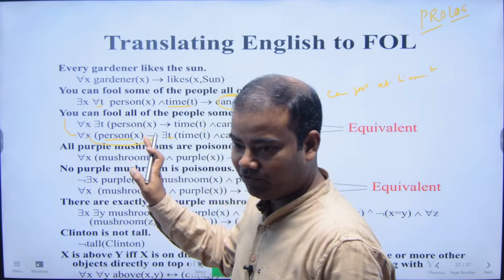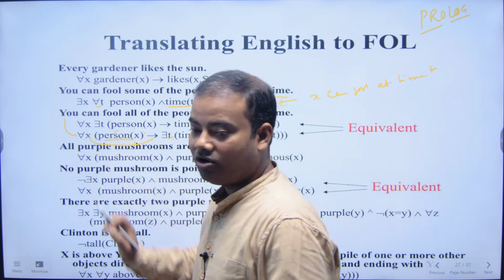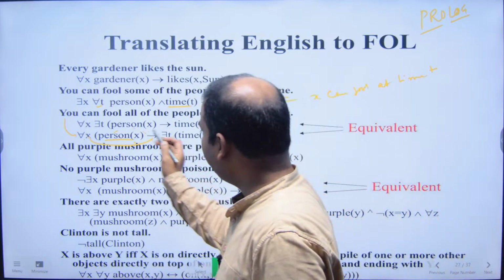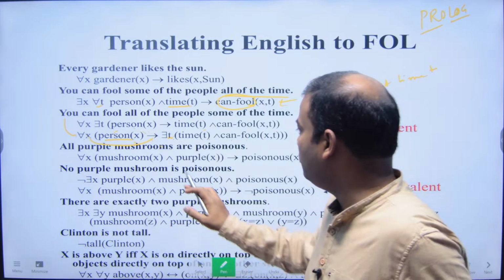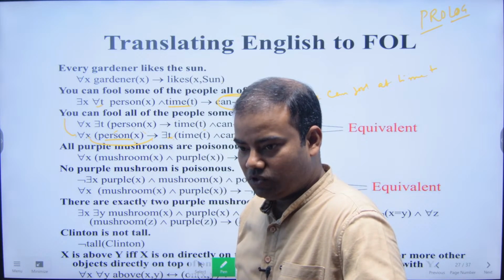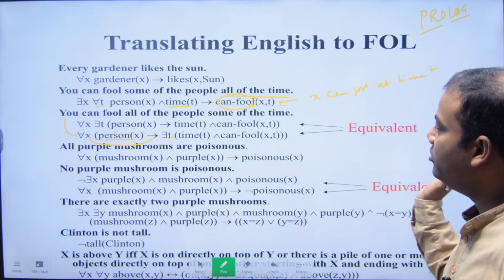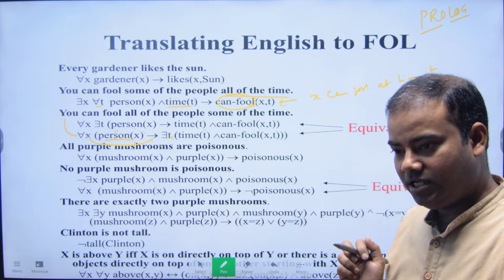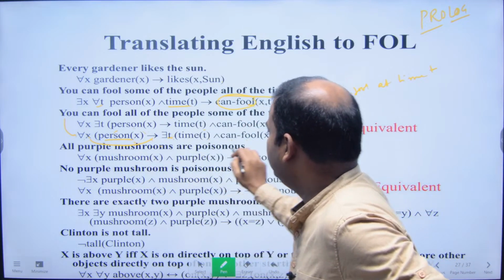That is not a valid formula, because here x is not associated with this. This thing is clear? It means you can move the bound variable if it is not associated with any function. Clear?